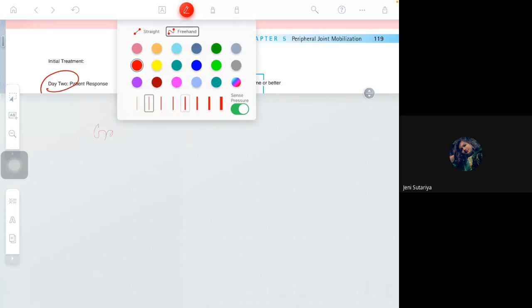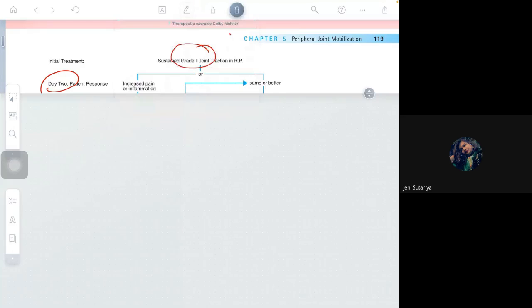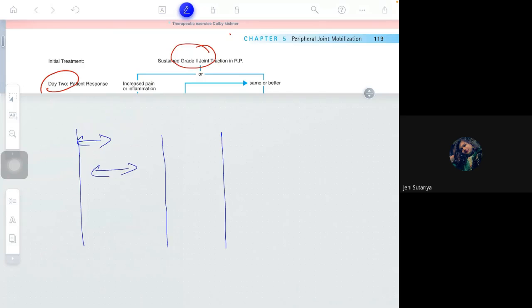So there is a simple rule. I will tell the rule. That is, grade 1, okay, I'll draw the grades: one, two, three, and 4.